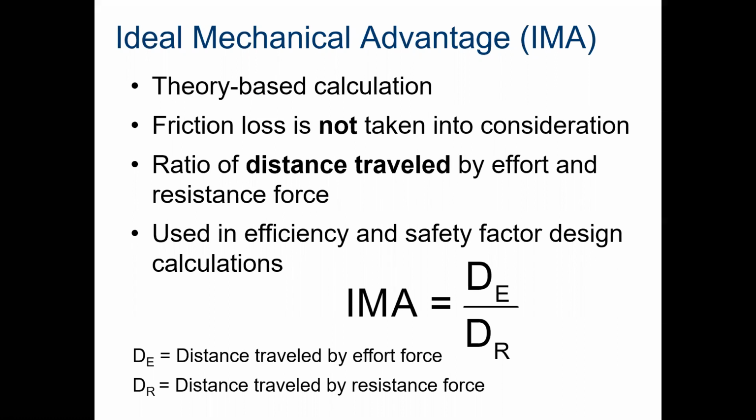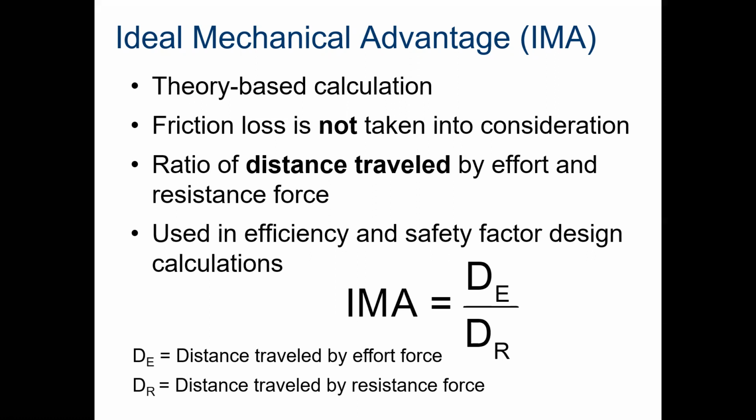So you strictly are looking at distance traveled by both the effort and resistance force. And within simple machines, that distance is different in the setup of each simple machine. So each simple machine has a slightly different way of looking at it, but each simple machine also uses the same ideal mechanical advantage. It's the same equation for all of them.